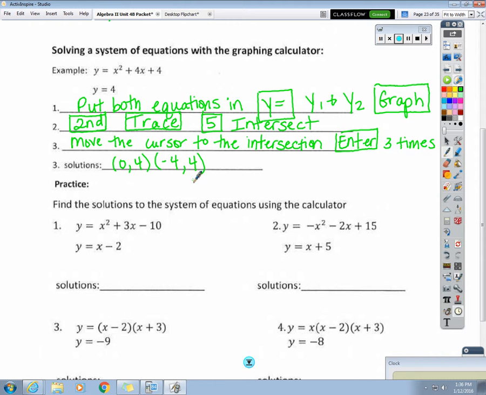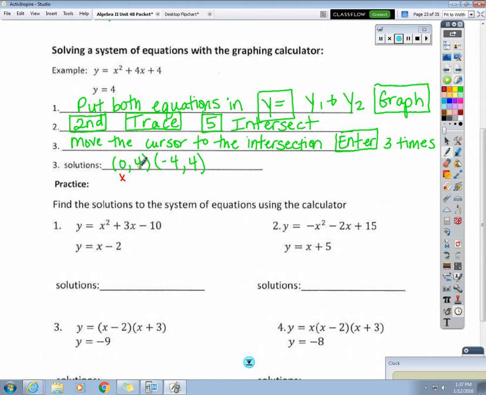Okay, now, so we see why these are the solutions graphically, because they're where the functions intersect. But let's talk about why they are the solutions algebraically. Look at this. This is an ordered pair, right? So this 0 is actually the what? The x value, correct?